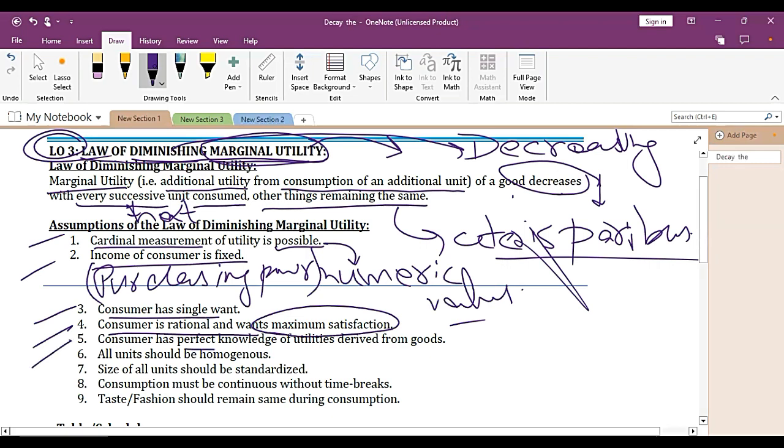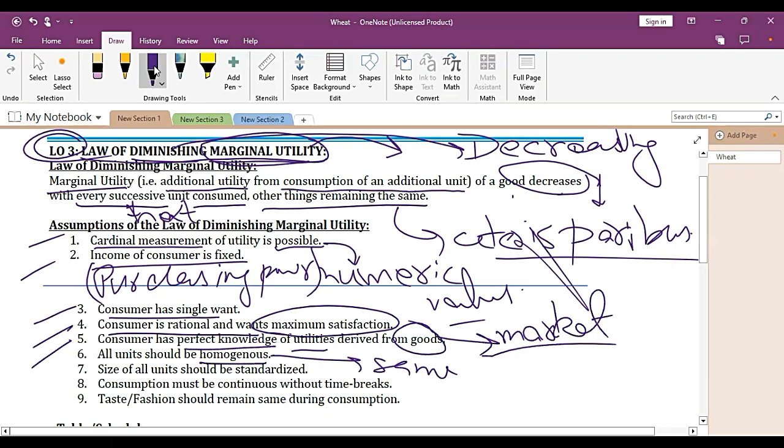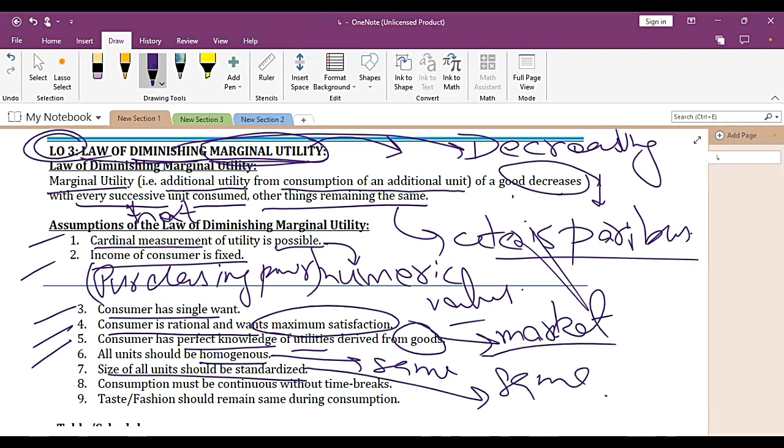Next one is that the consumer has perfect knowledge of utilities derived from goods, means he has good knowledge of the entire market. He knows which goods can satisfy his want more, better, and in what terms. All units should be homogeneous. Homogeneous means same units. Size of all units should be standardized, means all units should have the same size.